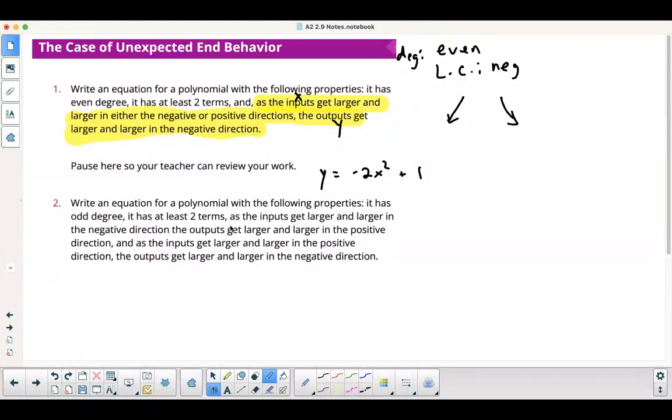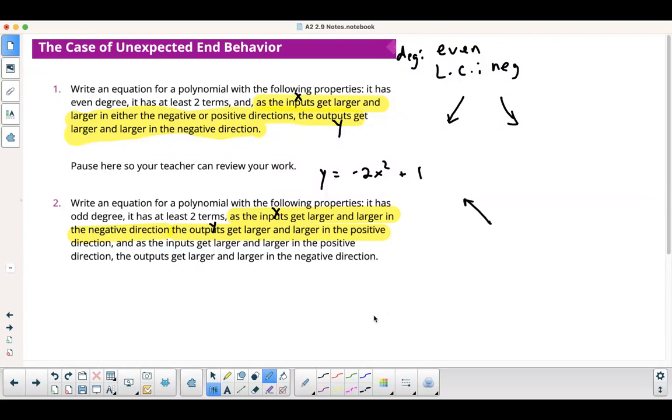Write an equation for a polynomial with the following properties. It has an odd degree. It has at least two terms. So let's read this end behavior thing. As the inputs get larger and larger in the negative direction, the outputs get larger and larger in the positive direction. So that's saying as x goes left, y goes up.